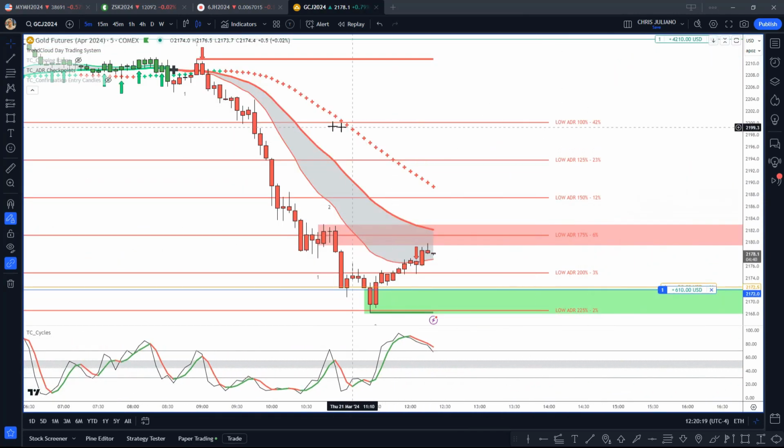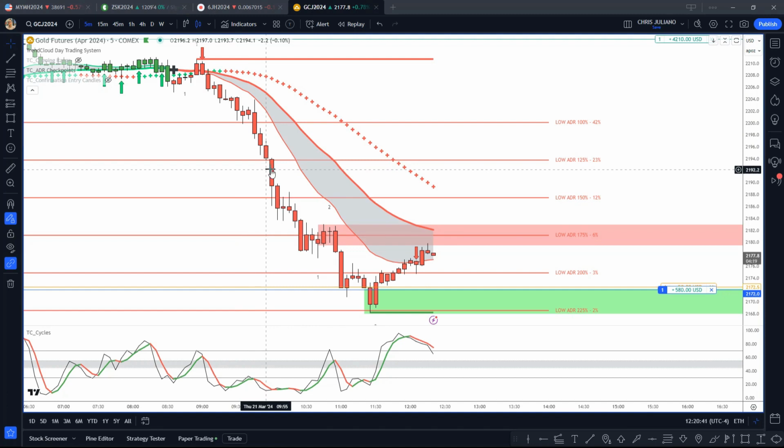So I just want to point out the average daily range and how unusual this is to hit every single one. That is quite a statement that the gold market is making. It went 100% of its average daily range right around 935.